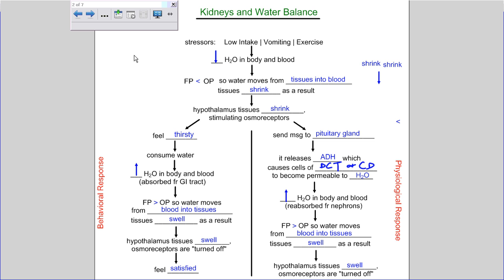When we take something like a diuretic medication, or if we drink a lot of coffee, or if we drink alcohol, then that interferes with ADH, and it causes that last bit of water to go out in your urine, so you pee more often. Okay, if you pee more often, you're going to feel dehydrated.